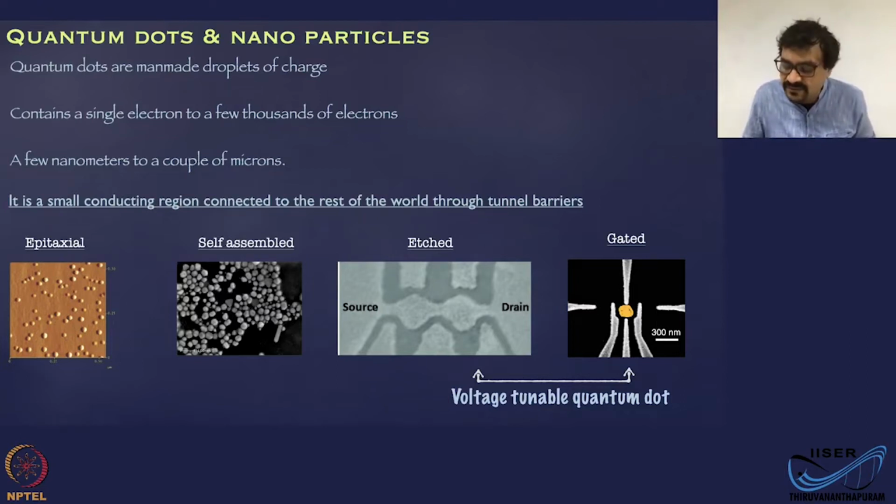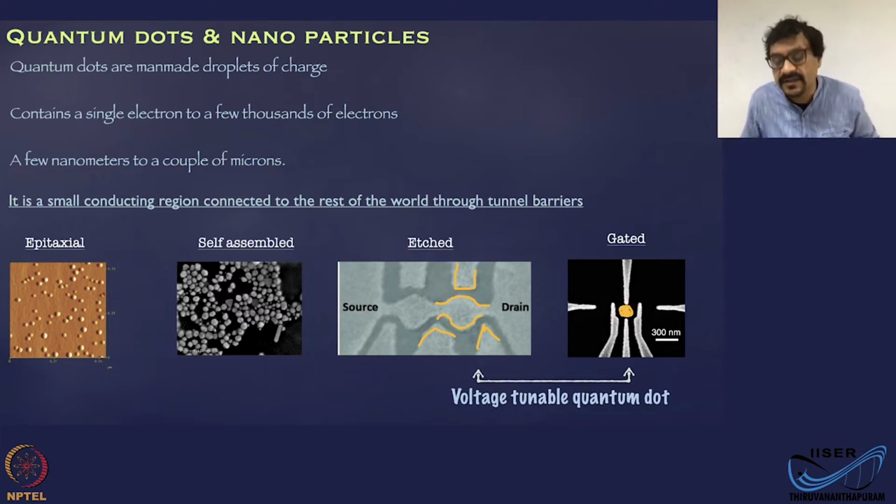Some level of tuning of the size and shape of the dot is also possible in lithographically defined quantum dots, where you can apply voltages to gates and get some tuning of the electrical properties. But electrostatic gating gives you a completely tunable quantum dot.